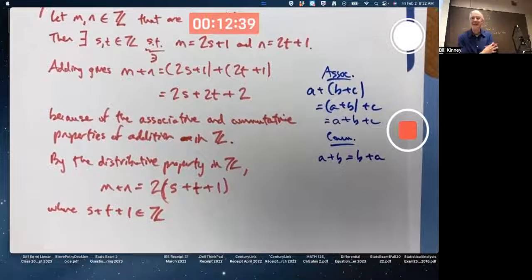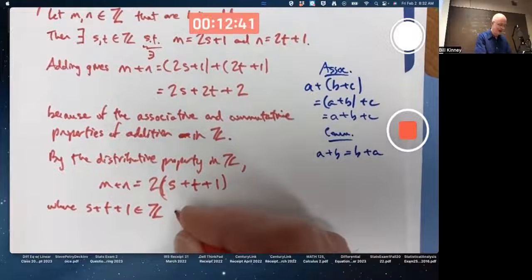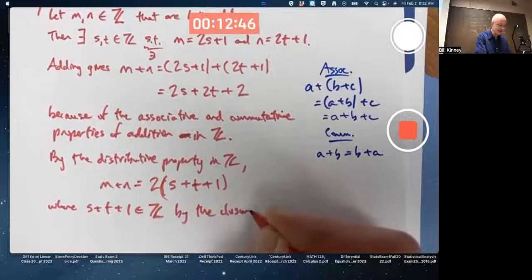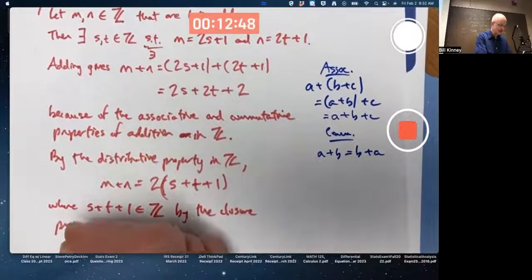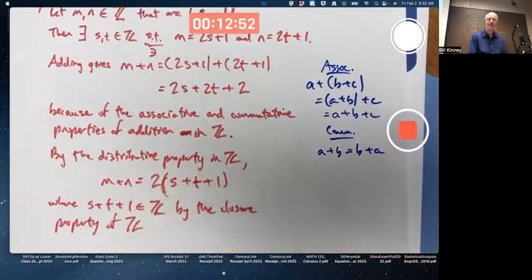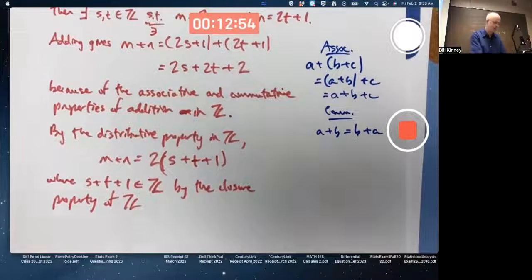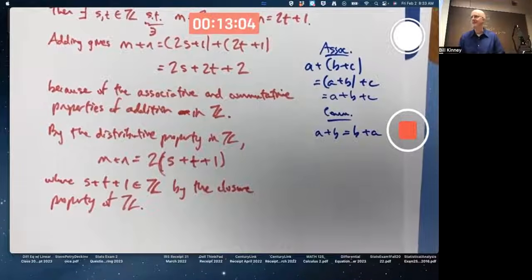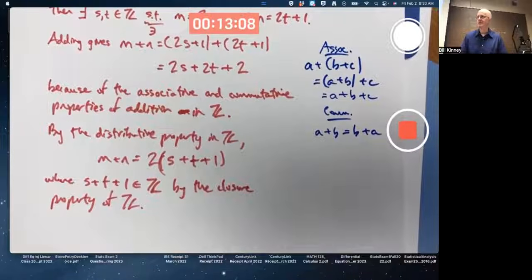I'm being extra picky about reasons here. By the closure property of Z. What's closure? It means when you add 2 integers, you get an integer. That's closure under addition. There's also closure under multiplication. When you multiply 2 integers, you get an integer.